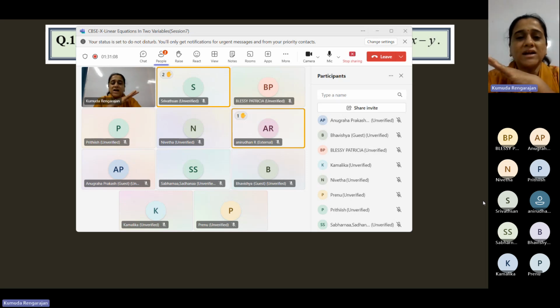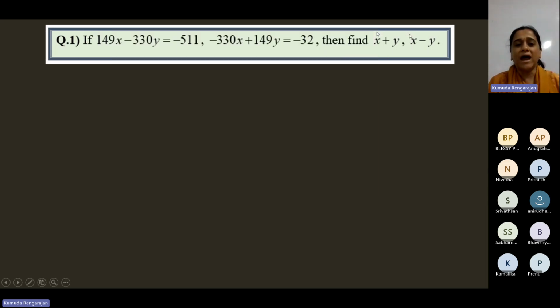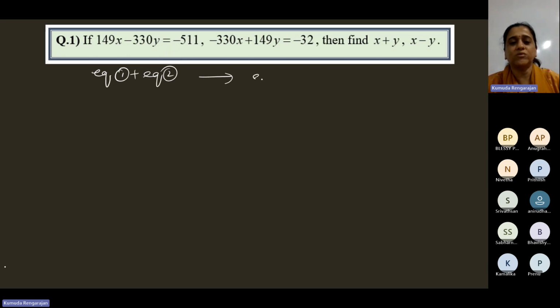You should not start with the elimination method or the substitution method. There is a special method wherein you add the two equations and get a new equation. We are given equations 1 and 2. You need to add these two equations and get the new equation 3. You need to subtract these two equations and get equation 4.